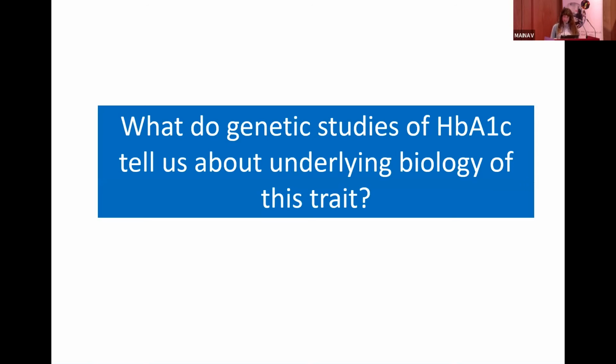So now I'm going to tell you a little bit of a different side story or vignette and go back to HbA1c. HbA1c is quite a complicated biomarker, which I've been studying for a while, but the more I study it, the more I think it's complicated.